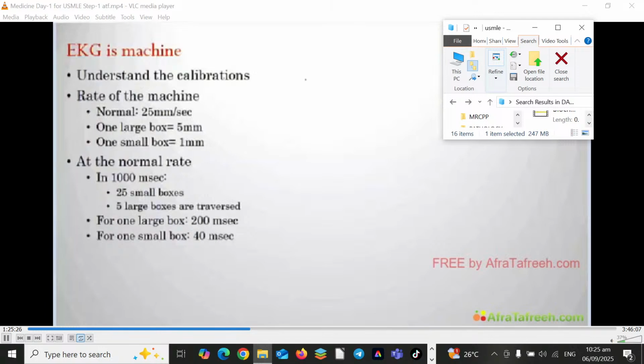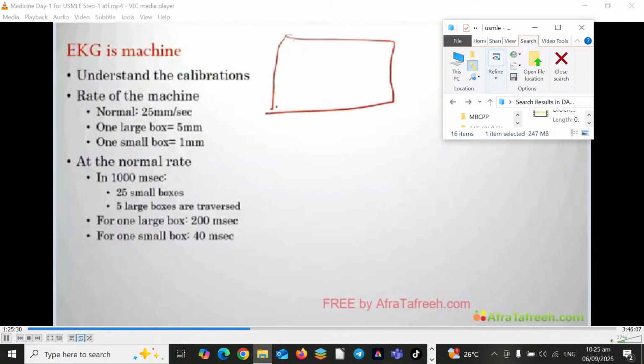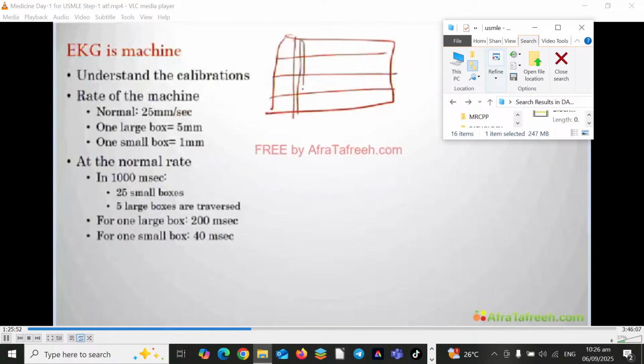The EKG paper is made such that it is built up of boxes. Everybody has used a graph paper in school, and a graph paper basically has what? It has a large box and it has small boxes. So it is the same graph paper that we are going to use in an EKG machine. We have a large box, and each large box is made up of 5 small boxes.